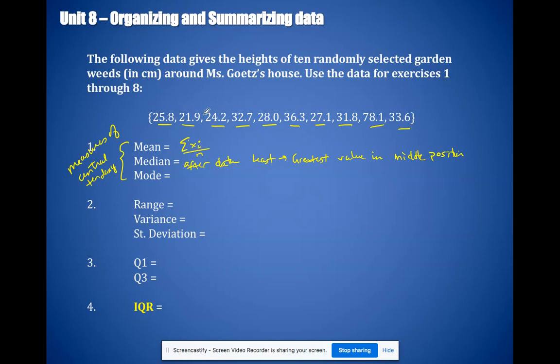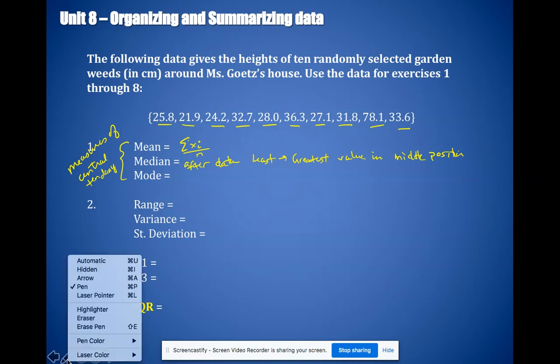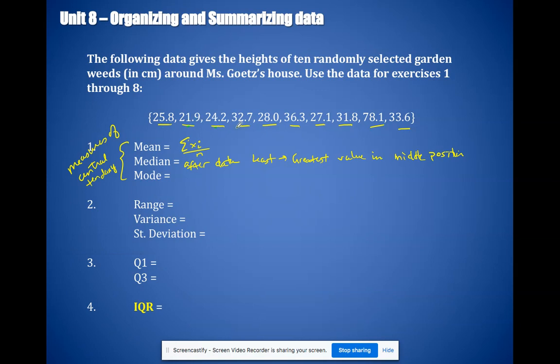After I organize them from least to greatest, I would then find the middle position. But if the middle position does not have data in it, in other words, if you have an even set, then the median is the average of the values on either side after you've organized it from least to greatest.